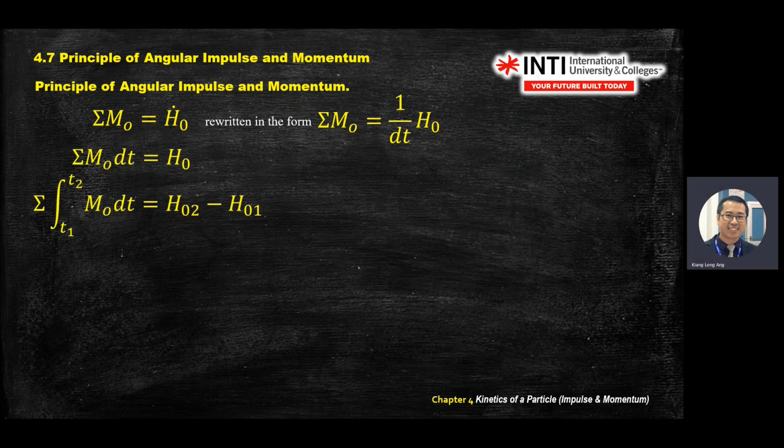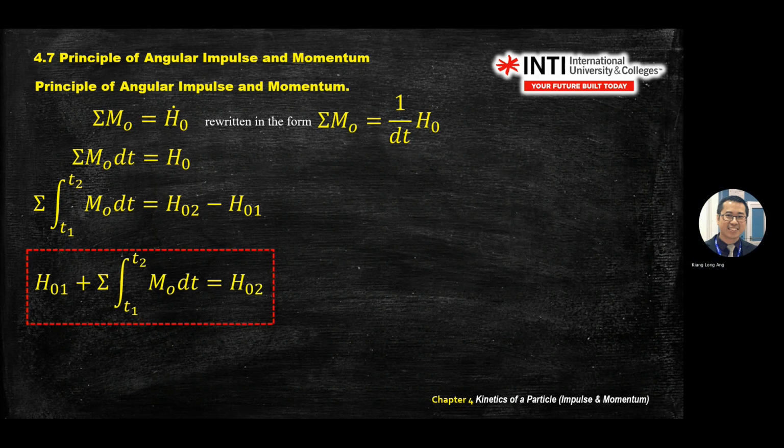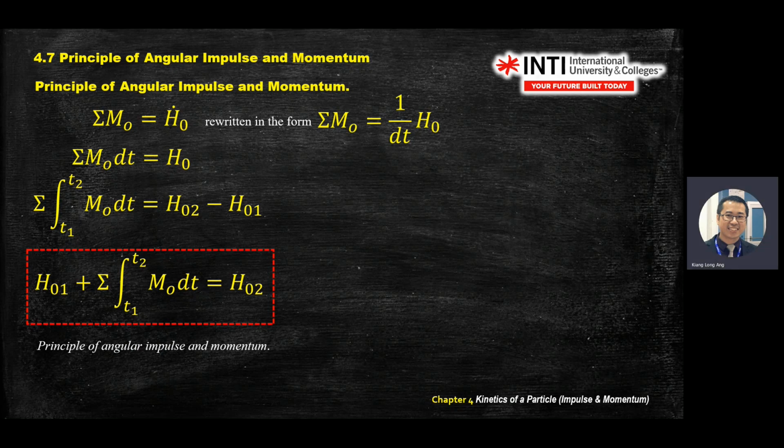You know you can do integration. Every time you have a dt, you can do integration on the left hand side. Once you do it on the right hand side, the left hand side is also the same. This is a change of your angular momentum. You rewrite the same. This equation is called the principle of angular impulse and momentum, derived from the relationship between moment and angular momentum.